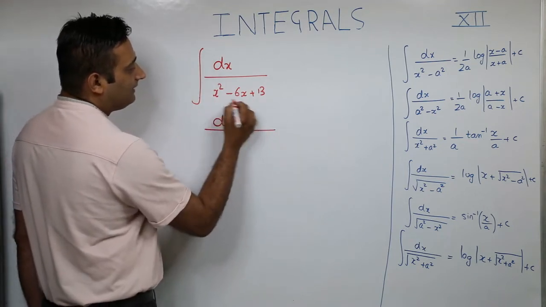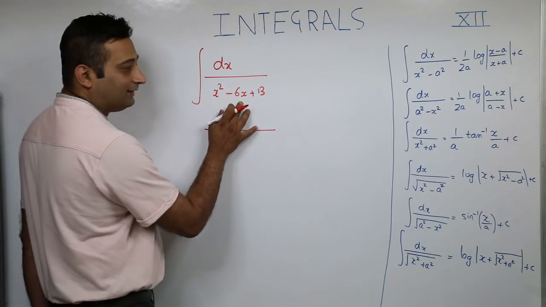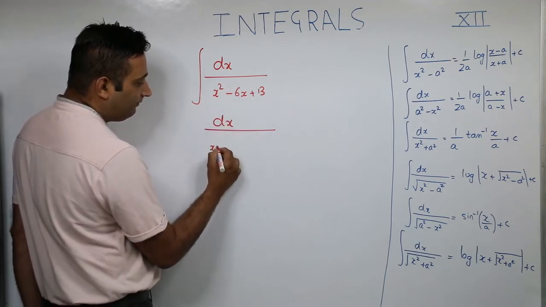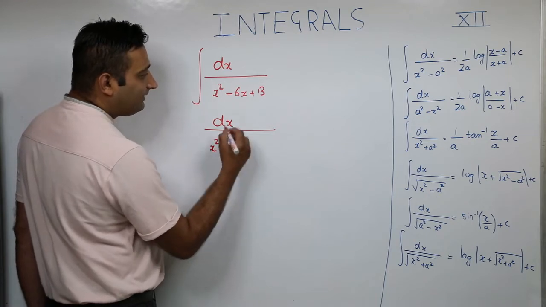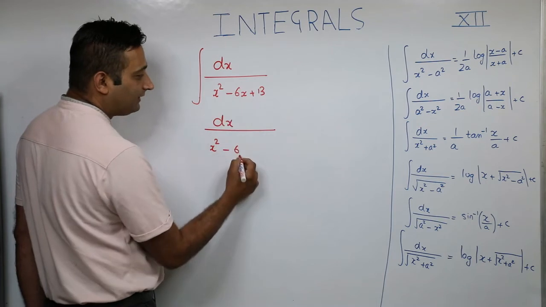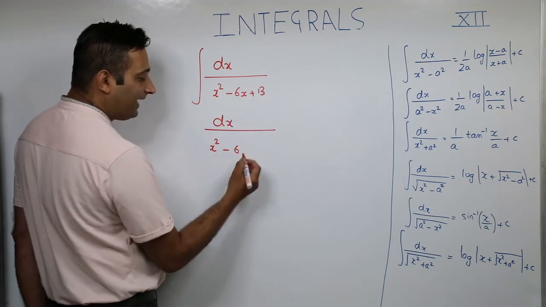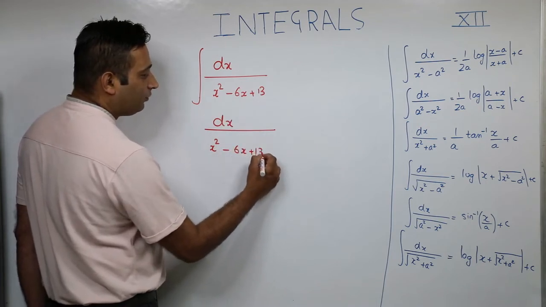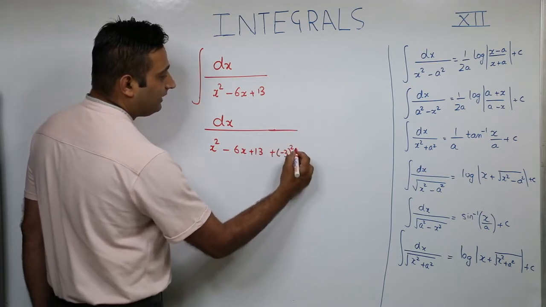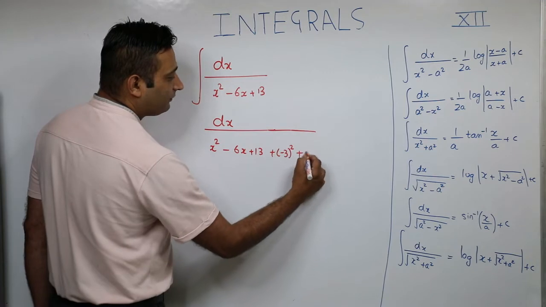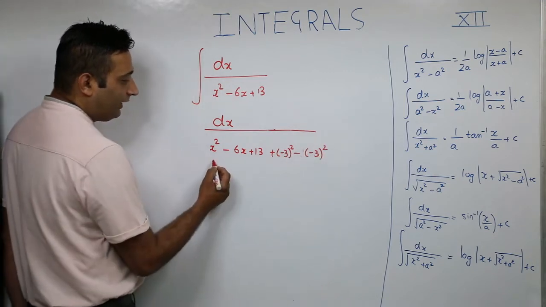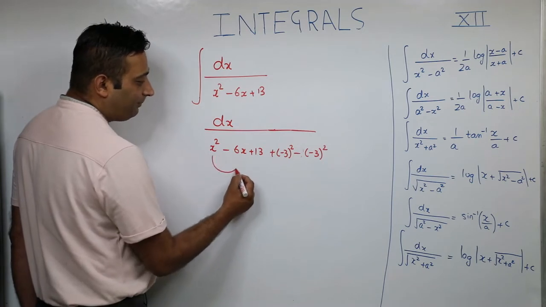We can easily see that we have x square minus 6x in the denominator. So to complete the square, we will add the square of half of the coefficient of x, that is minus 3 square, and subtract it from this whole polynomial. So minus 3 square will be added and subtracted to get the complete square.